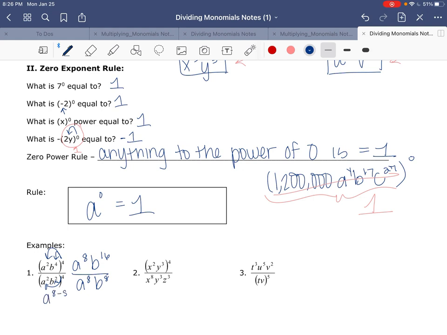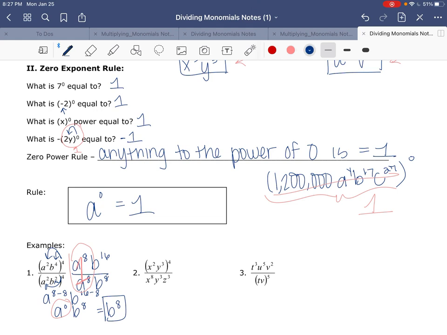So I get a to the power of 8 minus 8, and then b to the power of 16 minus 8. So I really have a to the power of 0 and b to the power of 8. But I know that anything to the power of 0 is 1, so I'm just going to say this is b to the power of 8. And if you think about it, anything divided by itself is 1. So right here, a to the 8th over a to the 8th would really become a big old 1.